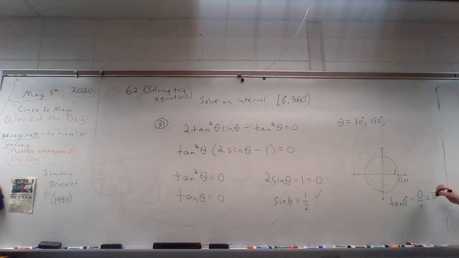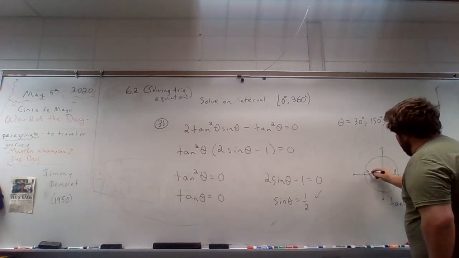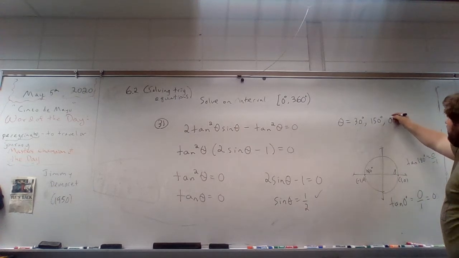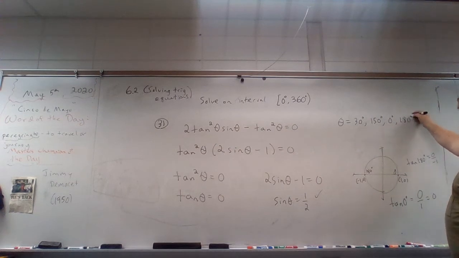That's 0. So 0 degrees works. Another angle that works is 180 degrees because tangent of 180 degrees is 0 over negative 1, y over x, and that works. So I got 0 degrees and 180 degrees.